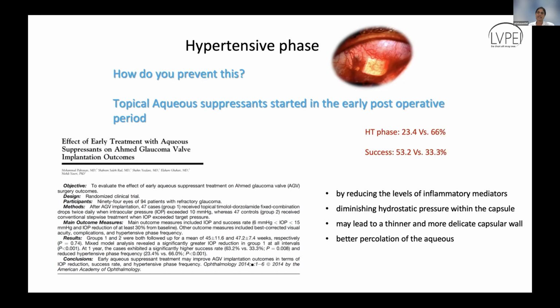Also remember that the eyes that develop a hypertensive phase also resolve much faster in those with topical aqueous suppressants compared to the contralateral group. So it possibly helps to percolate the aqueous better with a thinner and more delicate capsular wall that it forms because of less inflammatory mediators and thinner bleb walls.